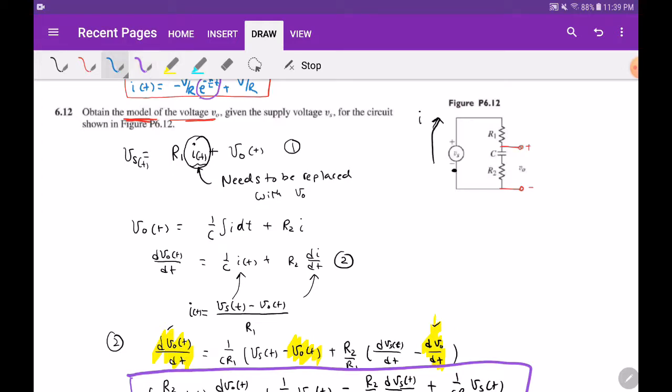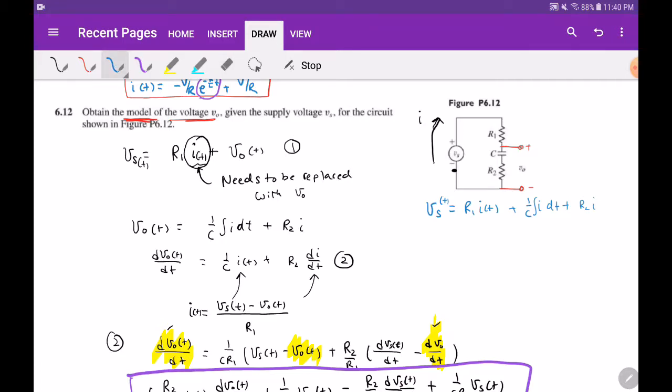So I'm going to do it in blue. We have Vs equals R1 times I of t, plus 1 over C integral of I dt, plus R2 I. Okay?